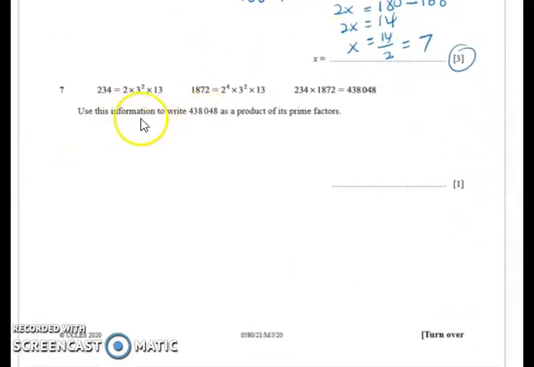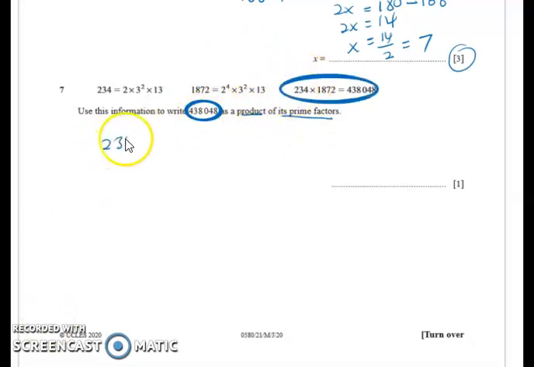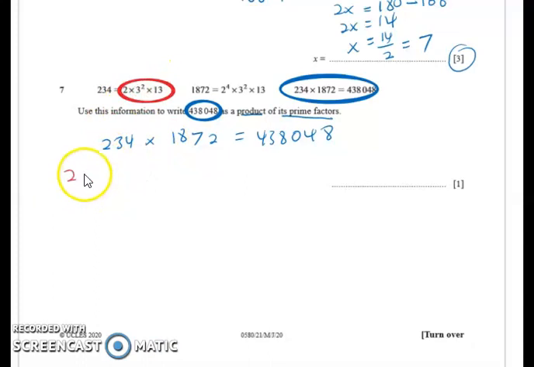Now what they're going to ask here is the product. They want this to be written as the product of its prime factors. That's pretty simple. So we copy this one down: 234 times 1872 equals 438. Now we just have to take these values and replace them over here.